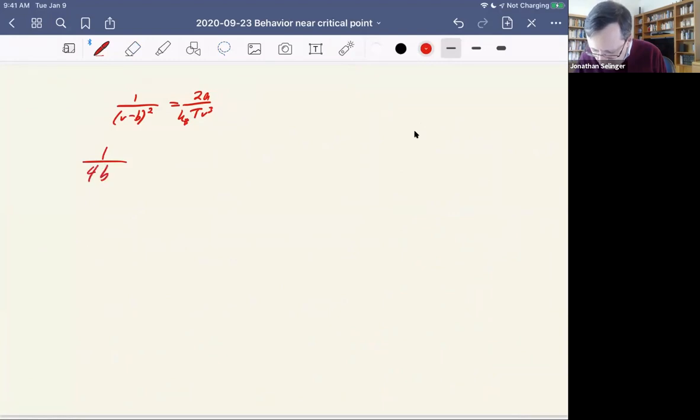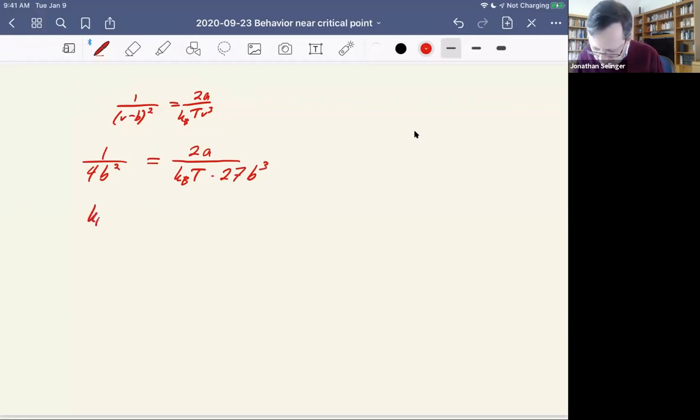So 4b squared is 2a over kt, and this volume is 3b, so 27b cubed. And then I can solve for temperature.